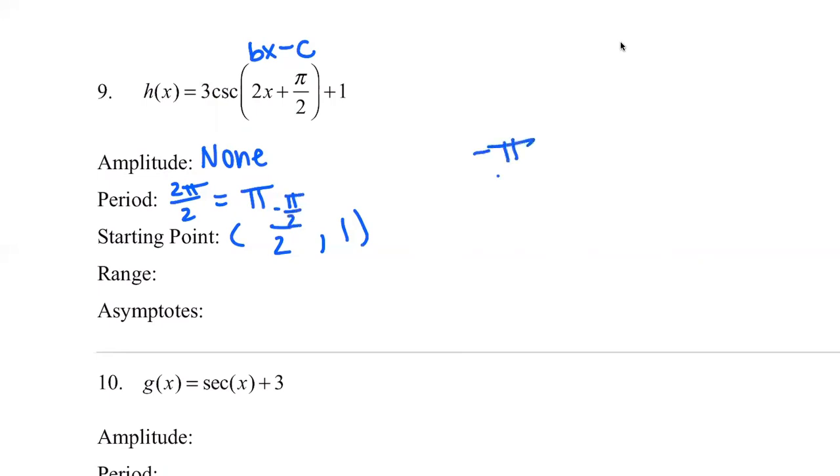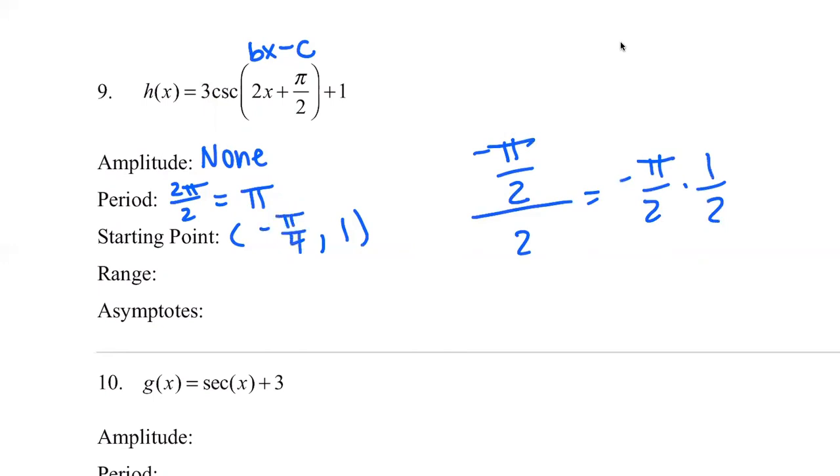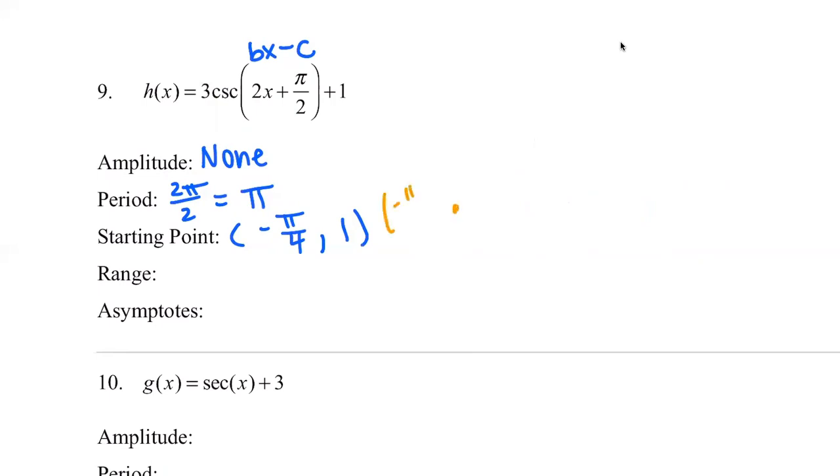So when we take negative pi over 2 divided by 2, that's the same thing as multiplying by the reciprocal. So negative pi over 4 comma 1 is our starting point.